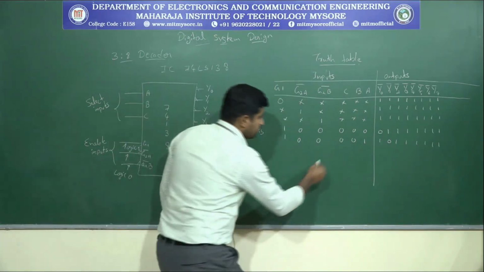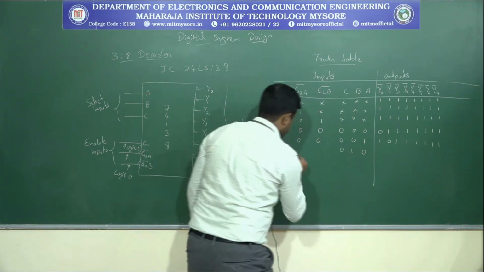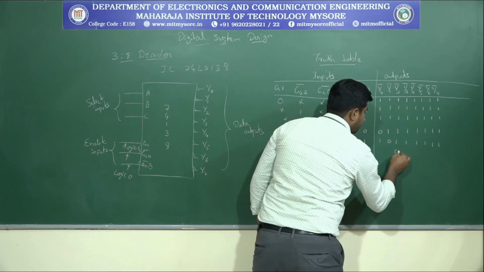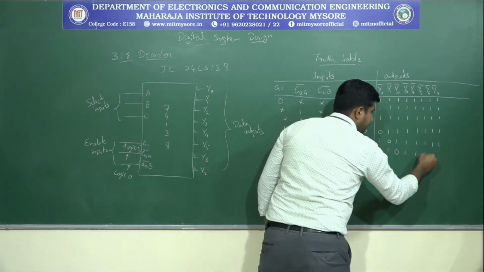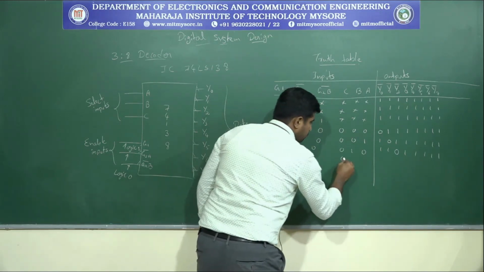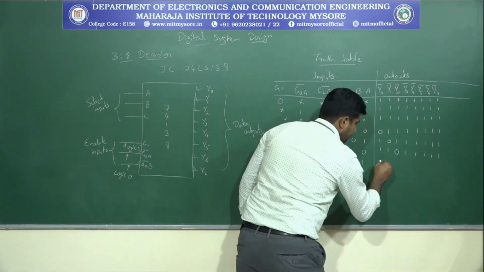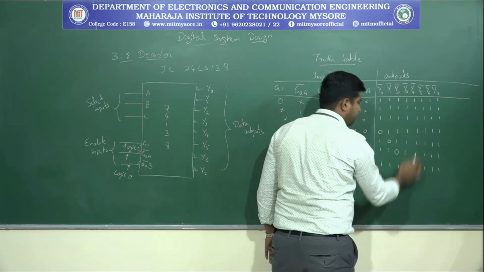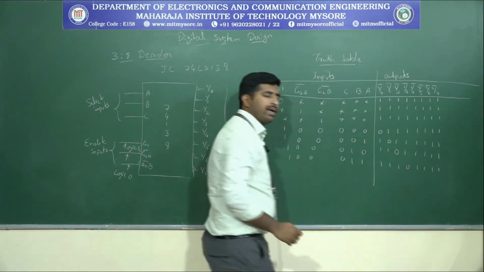Similarly 0, 1, 0, with enables 1, 0, 0, Y2 will be enabled, remaining outputs disabled. Similarly for 0, 1, 1, Y3 will be enabled and all other outputs will be disabled.